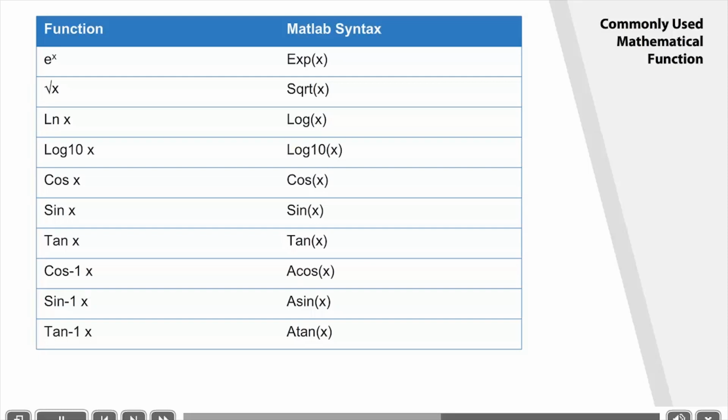Then we have the cosine, sine, and tangent functions, which return the cosine, sine, and tangent of the respective input. Then we have acos, asin, and atan, the inverse functions. Each returns the inverse of its respective input.